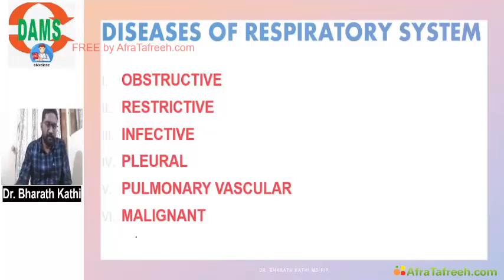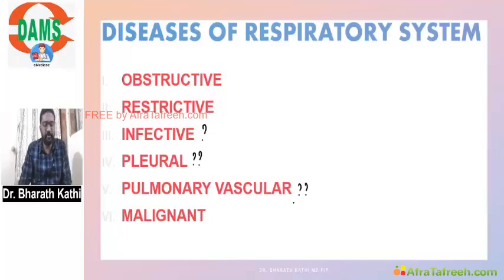Or is it any possibility of infective pneumonia, either community acquired pneumonia or infective illness such as tuberculosis? Or this patient can have any pleural disease such as fluid called as pleural effusion, air called as pneumothorax? Or can it be any pulmonary vascular disorder?